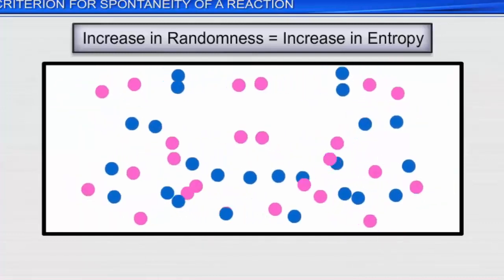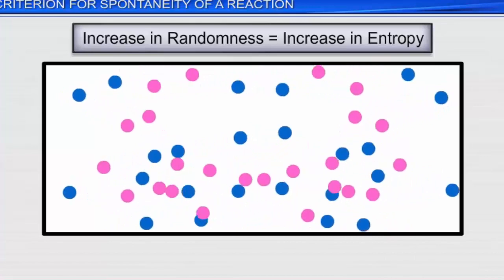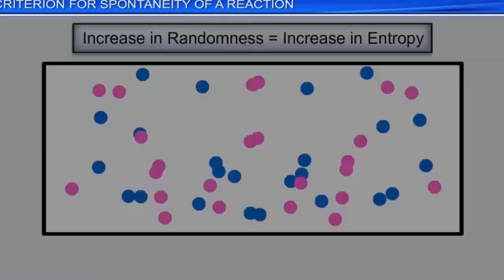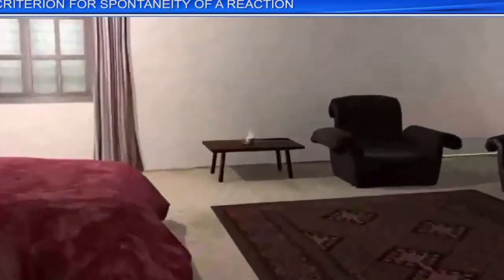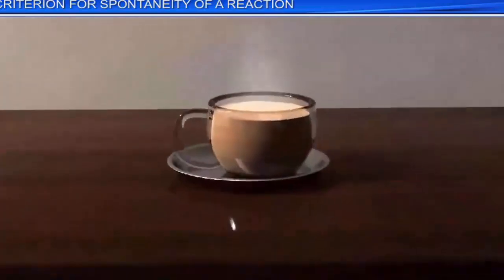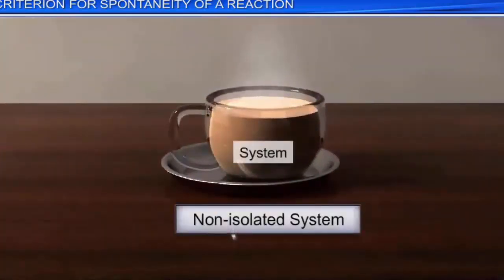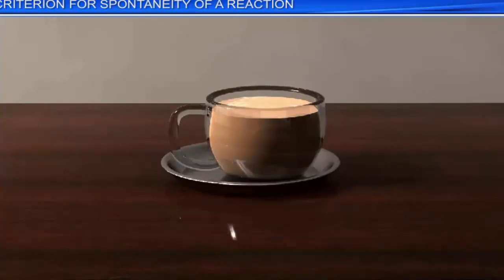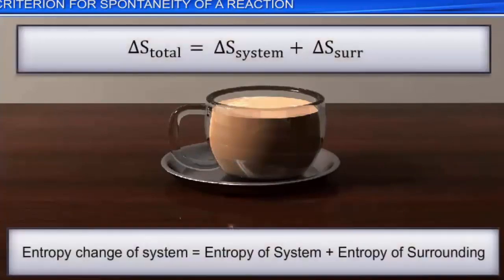Now, let's consider the example of cooling a cup of tea. This is not an isolated system, because there is exchange of matter and energy with the surrounding. Hence, the entropy change for a non-isolated system will be the sum of entropy change of the system and the entropy change of the surrounding.